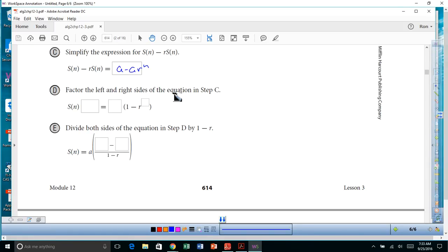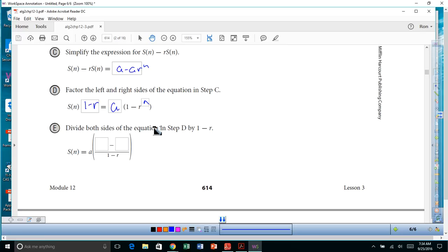Factor the left and right sides of the equation in step C. So s of n times 1 minus r equals a times 1 minus r to the n.